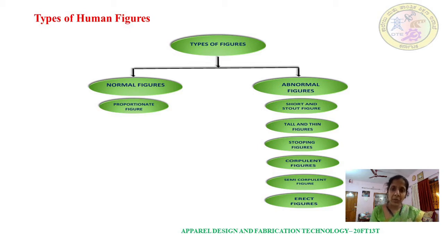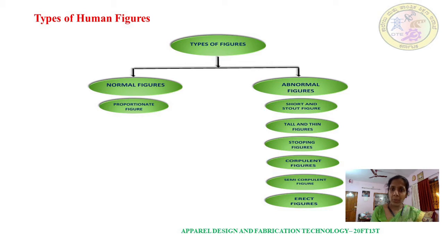The types of human figures are classified into two groups. We can see the classification of these figures in this flow chart. Firstly, normal figure and then abnormal figure. In normal figure, the normal figure is proportionate, hence the name proportionate figure also.